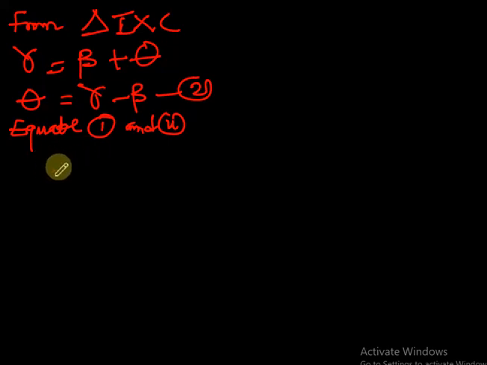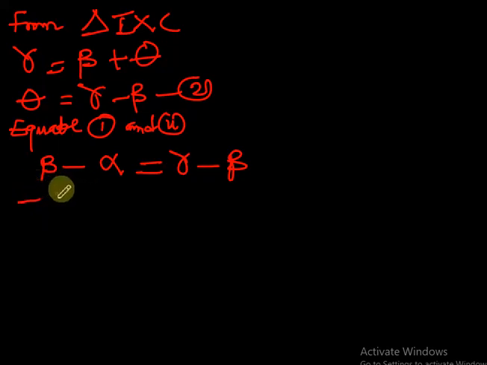So equate that first one, equation 1 now. So we have beta minus alpha equals gamma minus beta. So what is common here? You have beta and beta. So bring the beta and beta together as if we are collecting like terms.